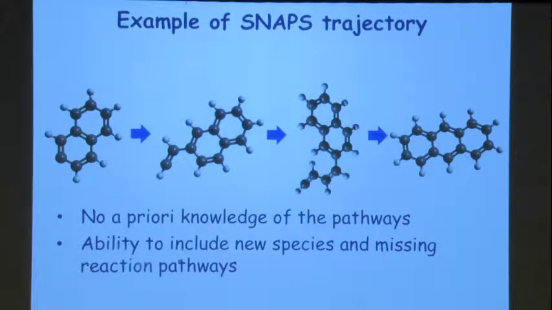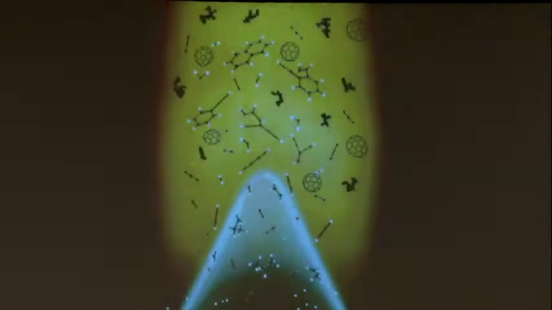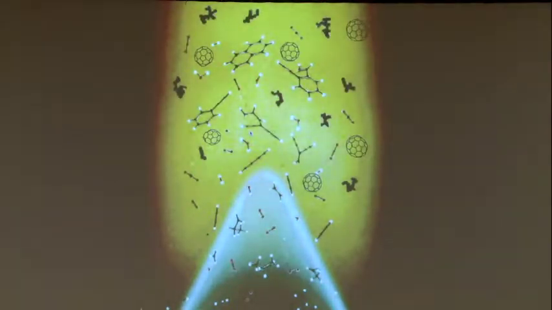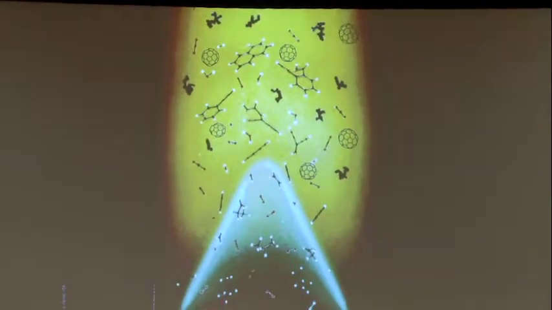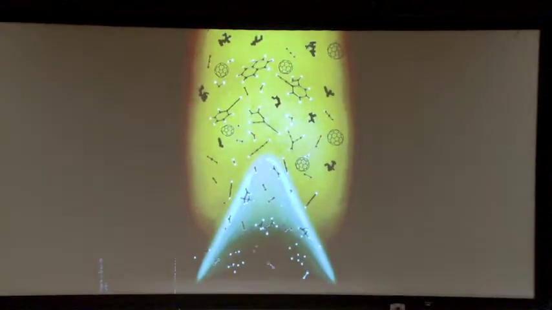And again, what I mentioned is that this helps you to identify some pathways that maybe you were not thinking about before. So just to give you an idea, this is a movie that we produced in a flame to see how this works.